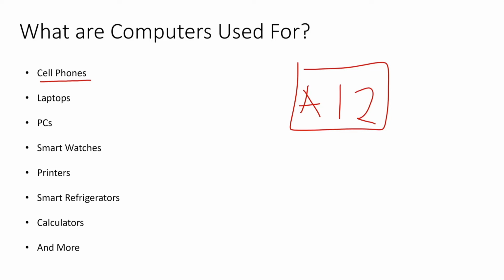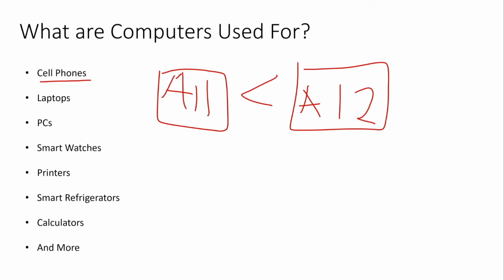CPU stands for central processing unit. It is the brain of the computer, and it gets exponentially better each year. With coding, you can harness the incredible power of these processors.